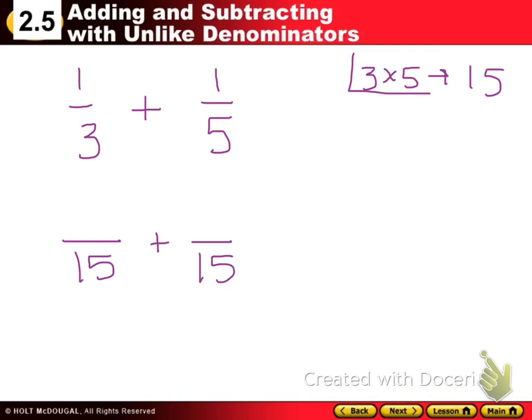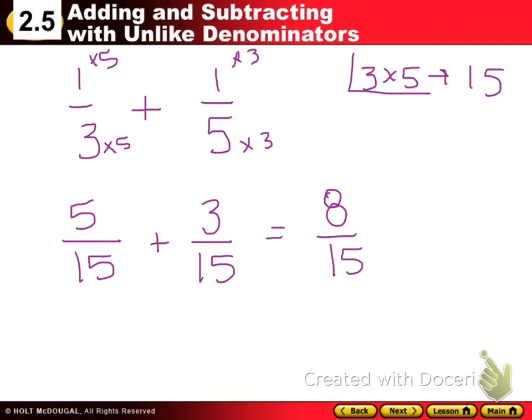We had a little bit of practice with this when we were comparing our fractions. So 3 times what is 15? Well, we know that it's 5, so we're multiplying 1 by 5. This is important: you do numerator and denominator by the same factor. This one is multiplied by 3 over 3. Remember, we talked about that fancy form of 1 so that we have an equivalent fraction. In this case, we would have 8 over 15.